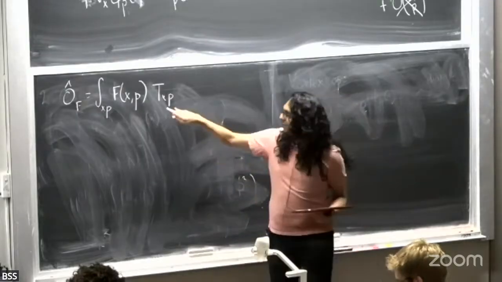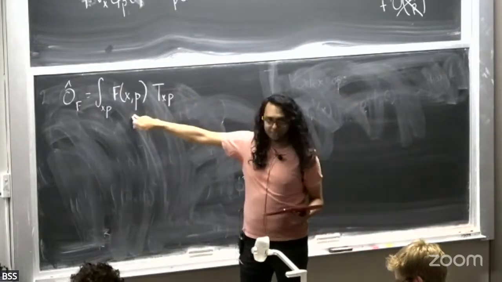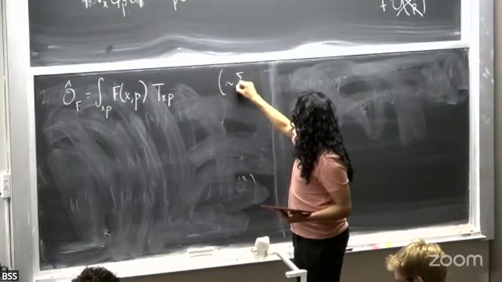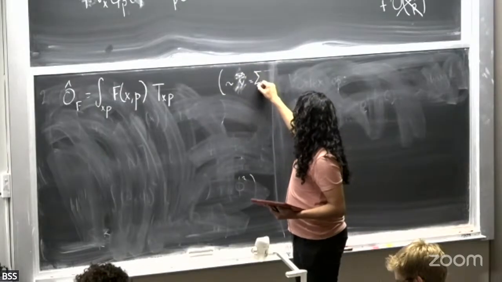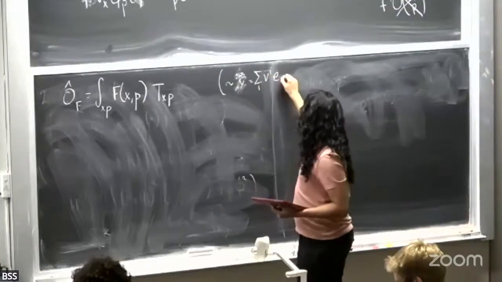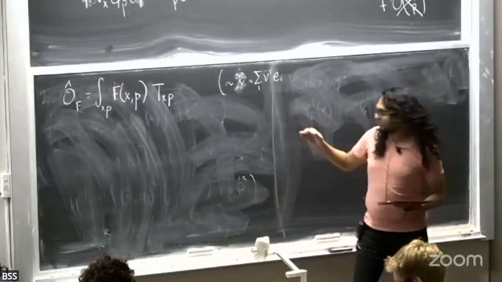So if these are generators, this is a linear combination. For example, compare with a vector being expanded in its components. That's what this is doing.